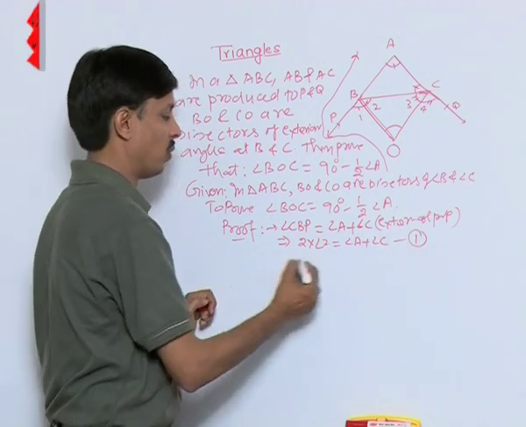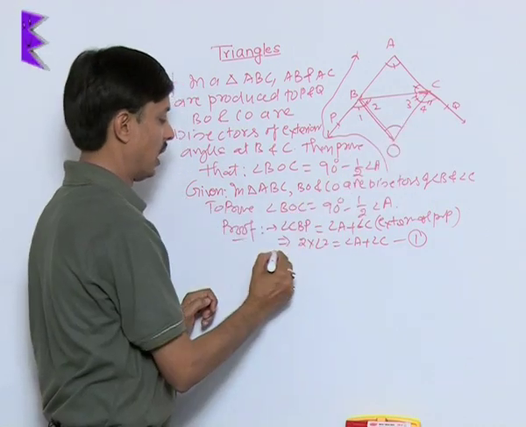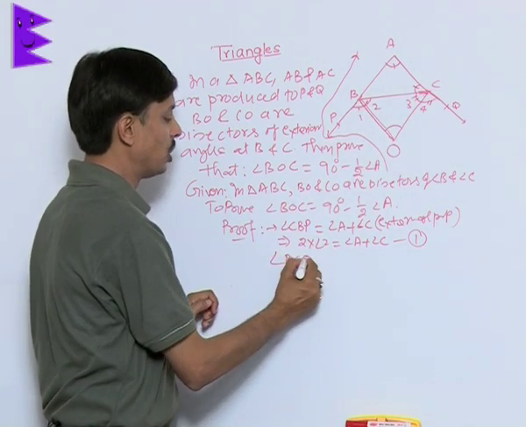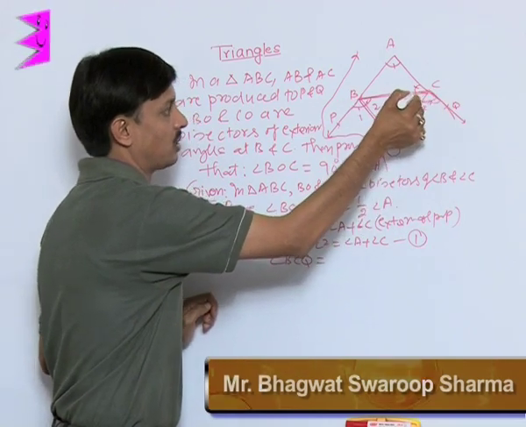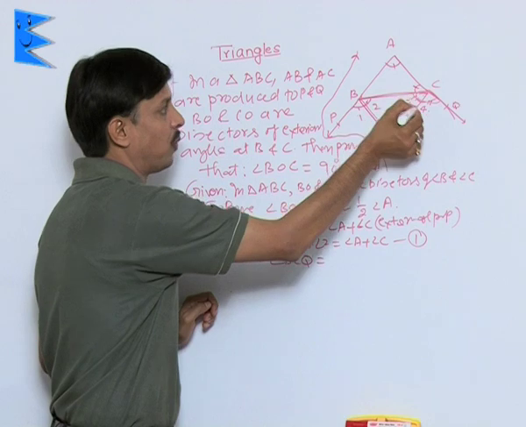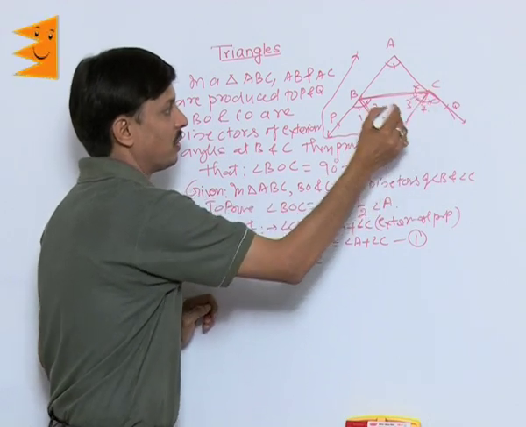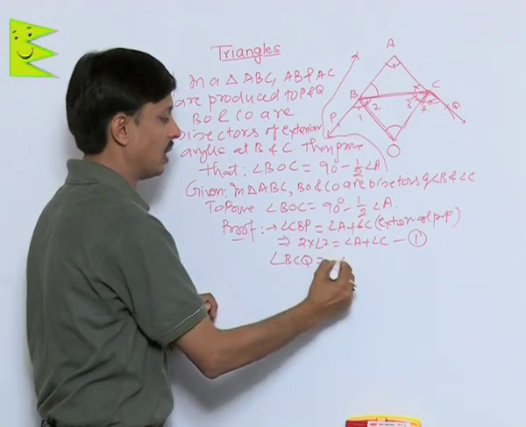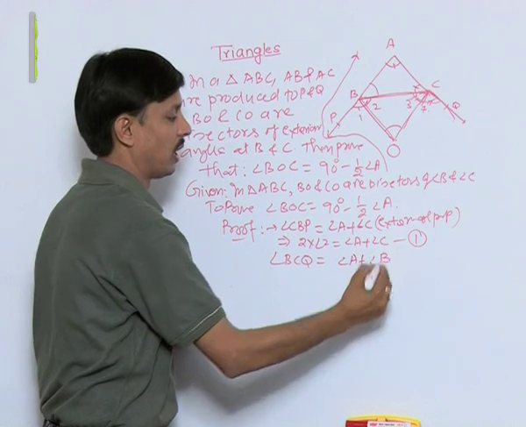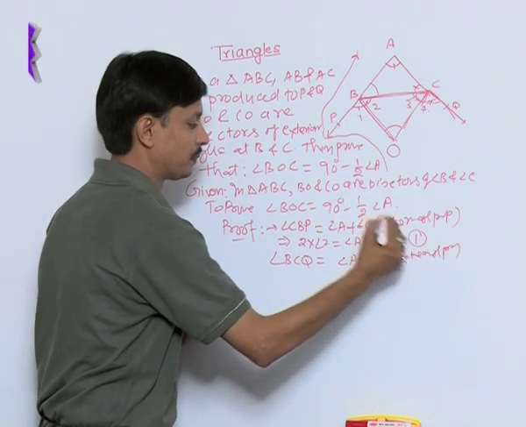Relation number 1. If I take angle BCQ, BCQ is also an exterior angle, a combination of 3 and 4. 3 and 4 are equal because CO is the bisector. So this exterior angle is the sum of angle A and angle B, by the exterior angle property.